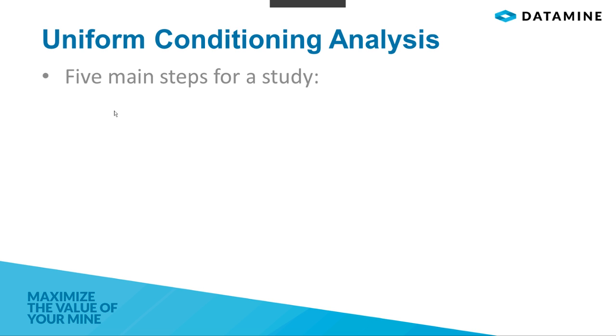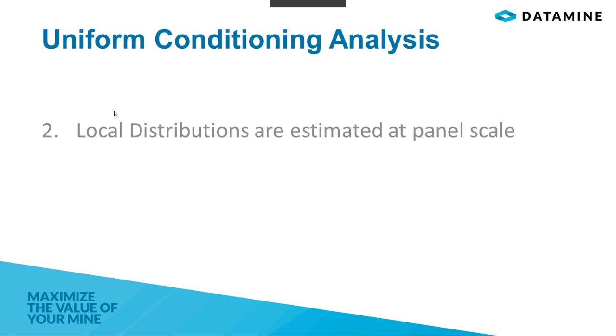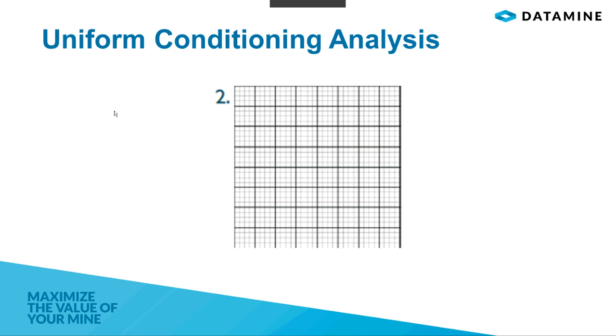For a study of uniform conditioning, firstly we define the SMU that we are going to use at the deposit scale. Then the local distributions are estimated at the panel scale. And when we say panel, I guess we interchange that with the parent cell. So the larger aligned grid is the parent cell, and the light grey, smaller grid would be the SMUs within the parent cell.